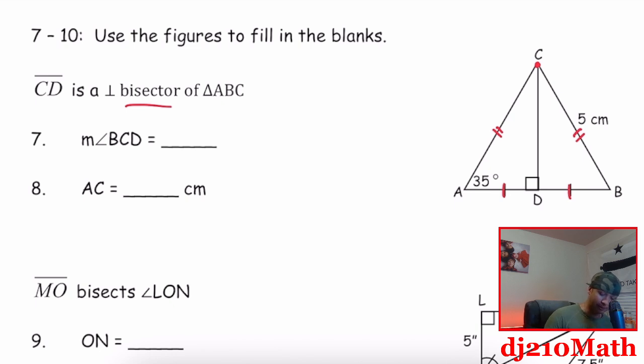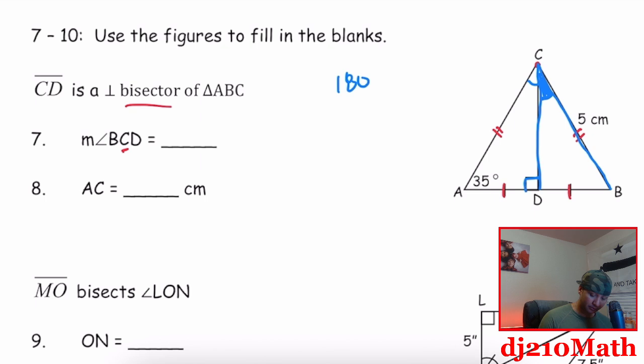Okay, measure of BCD. So where is BCD? C is the vertex. So B, C, D. This angle right here, that's what we're looking for. How much is this angle? Well, that angle is going to equal this angle. And again, we know that there's 180 degrees in a triangle.